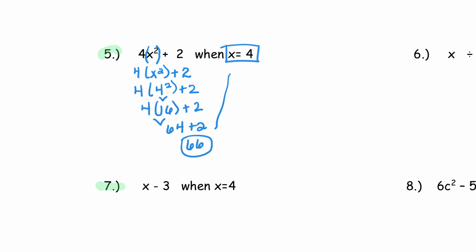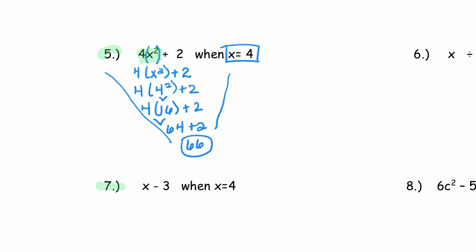Again, be careful when you see a problem like this where you have a variable next to a number with an exponent. The exponent goes with the variable, unless there were parentheses there first. We'll handle those as we go along.